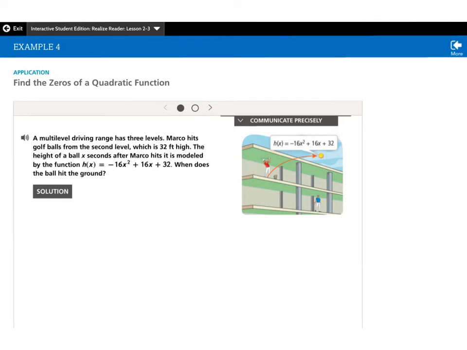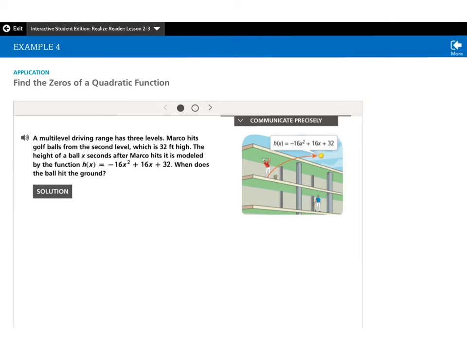Marco hits golf balls from the second level, which is 32 feet high. The height of a ball x seconds after Marco hits it is modeled by this function h of x equals negative 16x squared plus 16x plus 32. When does the ball hit the ground?